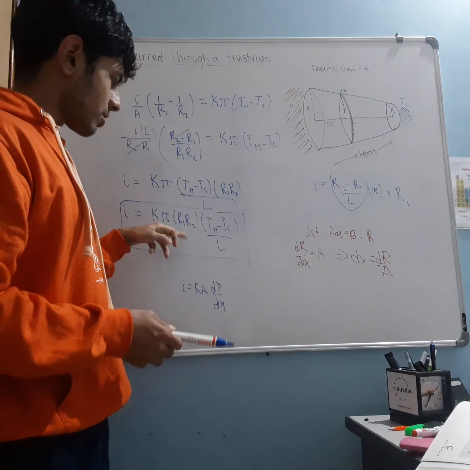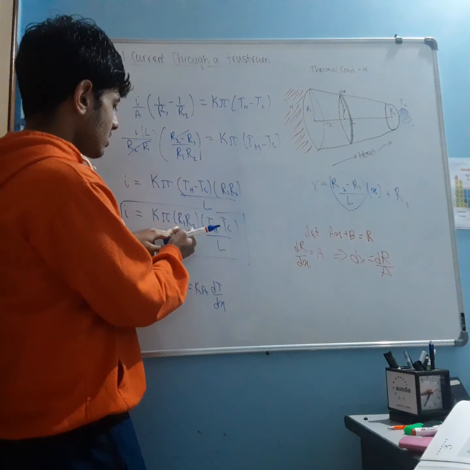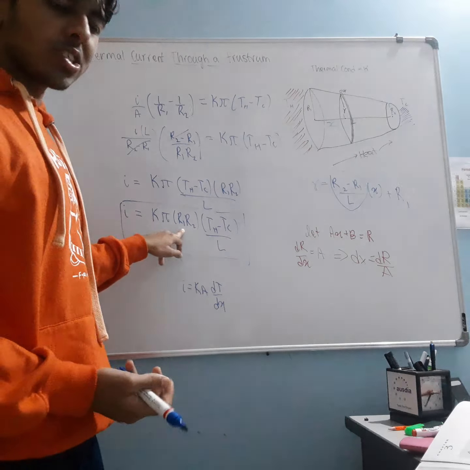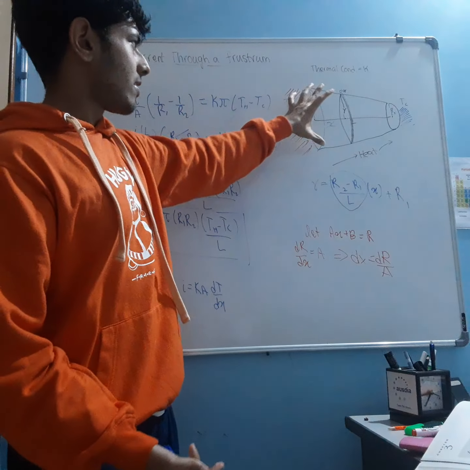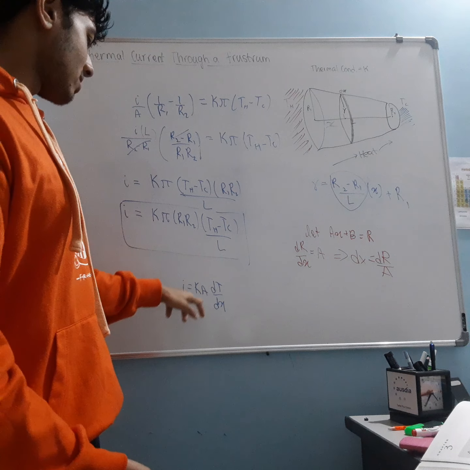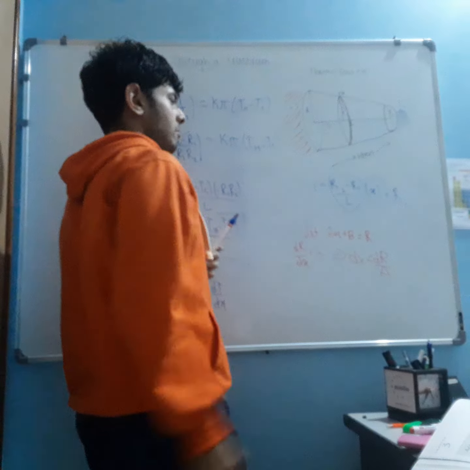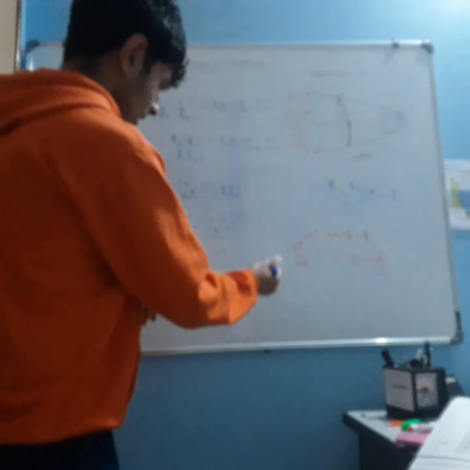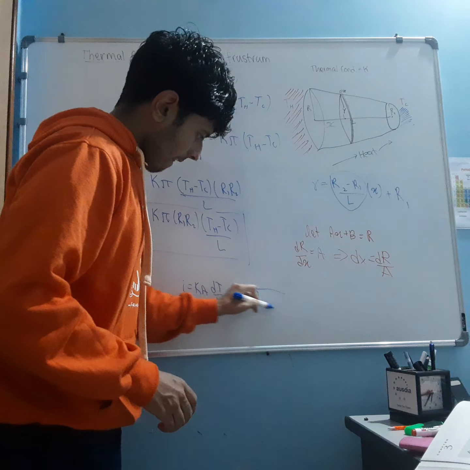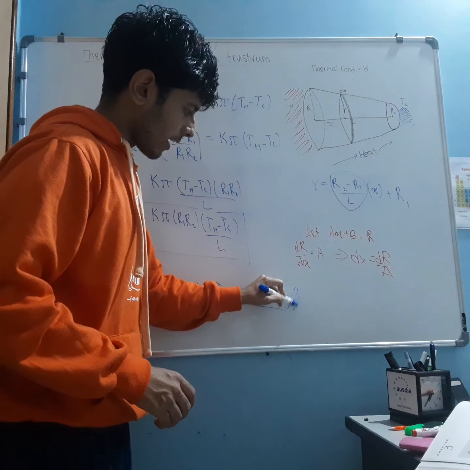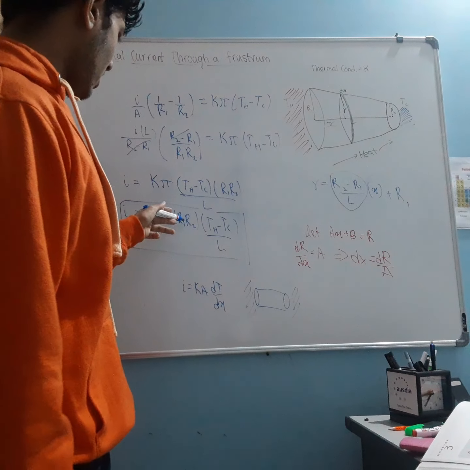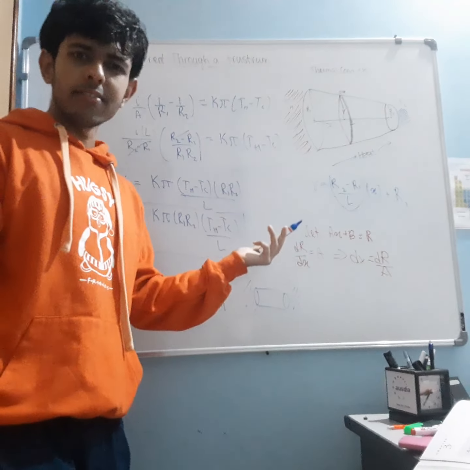Then pi R1 R2 becomes pi R1 square, which is the cross-sectional area, divided by dx, the length, which makes sense. In that case you would have a cylindrical structure with a temperature difference across it. Similarly, when R2 equals R1, you're going to have the same thing.